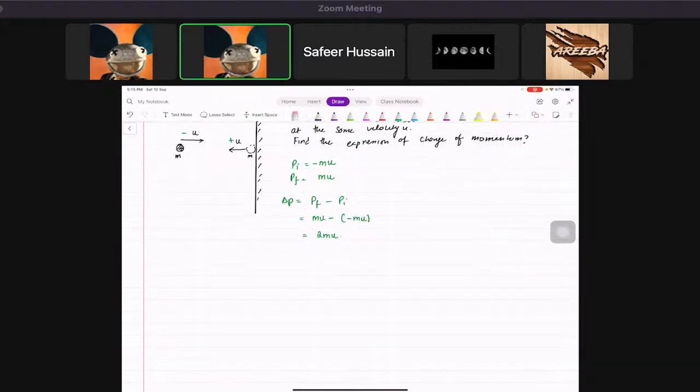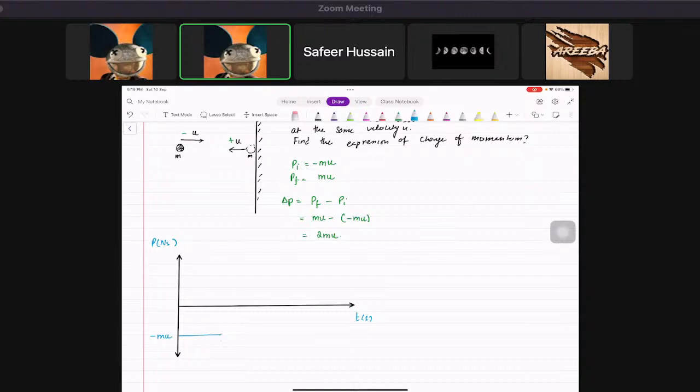If we look at this example, the molecule was traveling with momentum, and for some time it was traveling at minus mu, and then it switched direction when it hit.